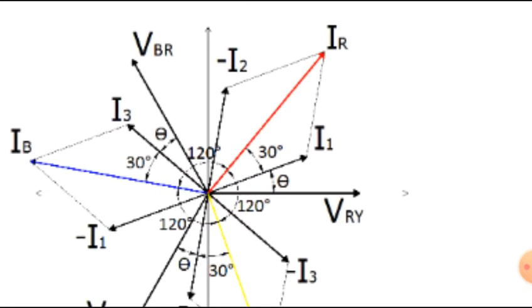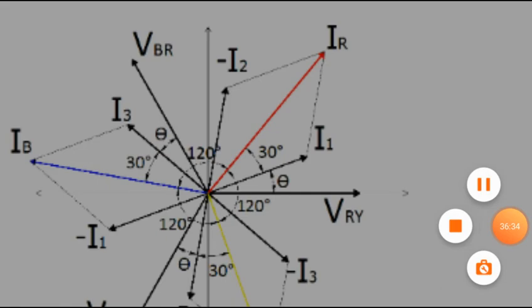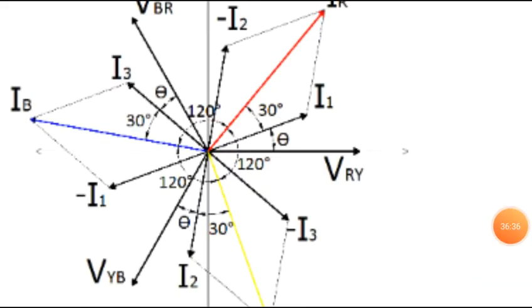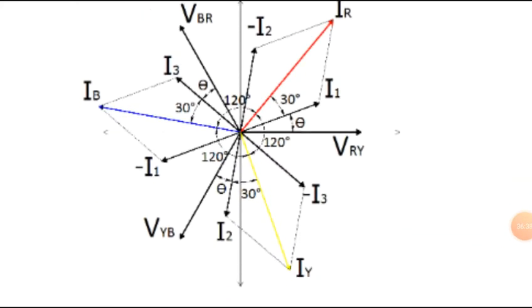If you observe again, the angle between I1 and IR is still 30 degrees. And if we look at the angle between the line currents, they are out of phase with each other by 120 degrees: 120, 120, 120. The phase and the line voltages are 120 degrees apart, the same as the line currents and the phase currents.